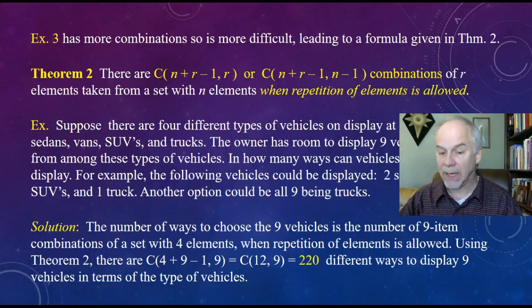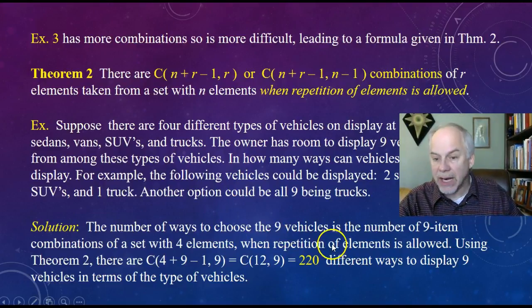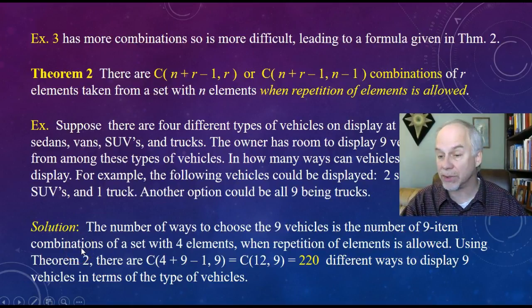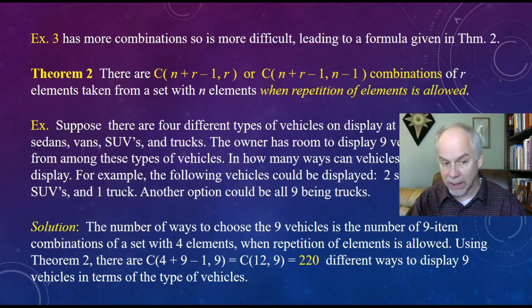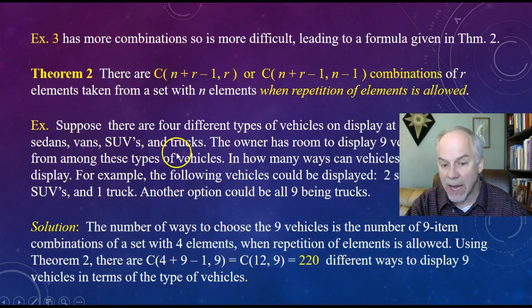And so it says the number of ways to choose the 9 vehicles is the number of 9 item combinations. So you're doing a 9 item subset of a set with 4 elements when repetition is allowed. I could choose as many vans as I want of the 9.